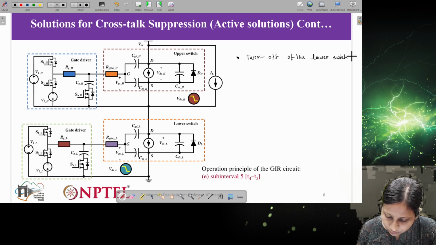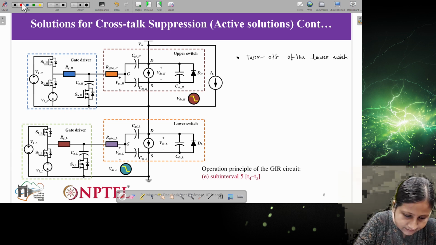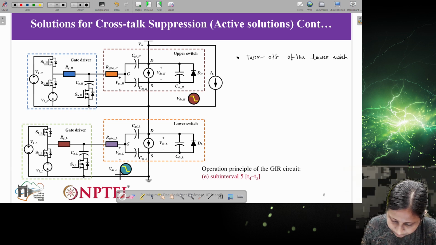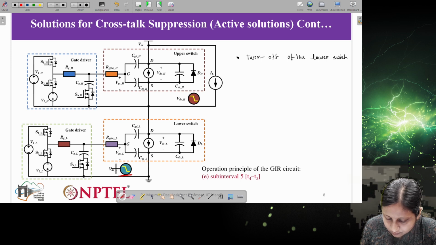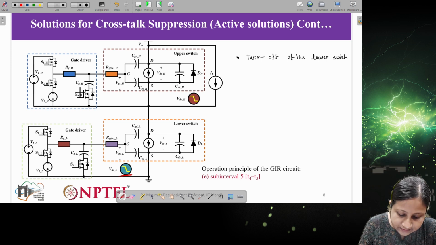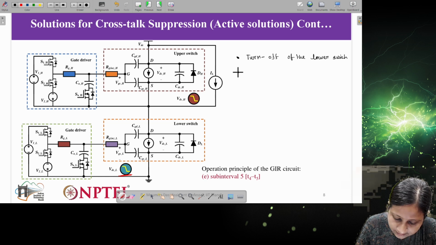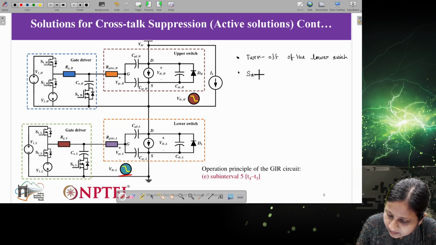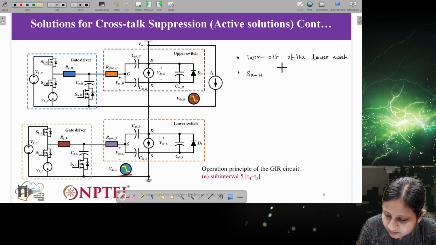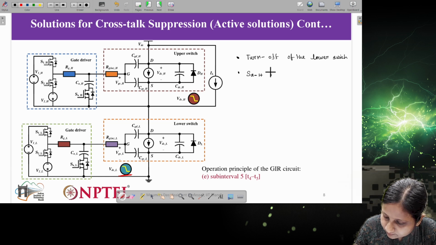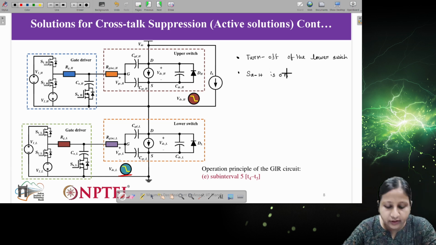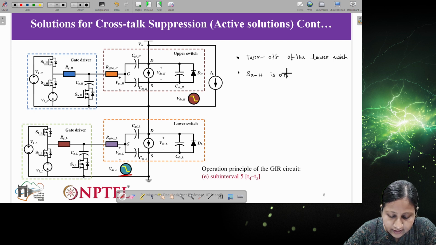When this lower switch is turning off, as you can see the signal which is given here, it is going to off from on. Then in this case, in the upper switch, SAH will be in on condition. Okay, now SAH is on, then how will the current flow?